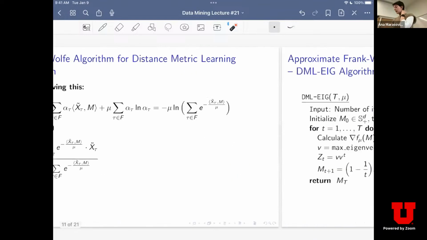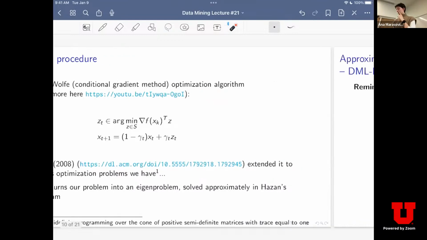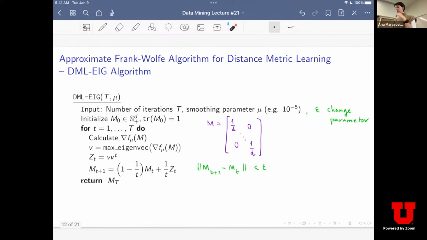I recommend that if you are interested to learn a little bit more about optimization, you check this YouTube video, which will show you how taking this linear combination between the matrix M in the previous iteration and this Z_T gives you the minimum.